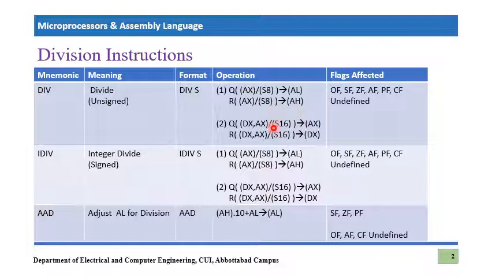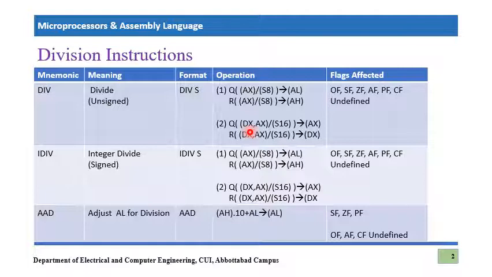There is a second case where we can use a source operand of 16 bits. In that case, the dividend should be more than 16 bits. So this time we are going to use DX and AX. DX will be holding the most significant 16 bits, and AX will be holding the least significant 16 bits.